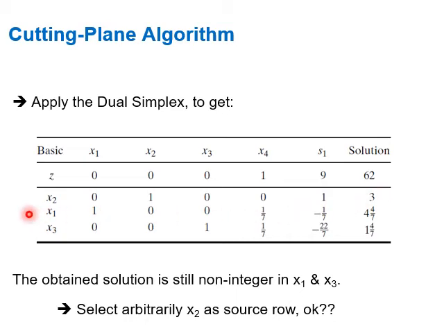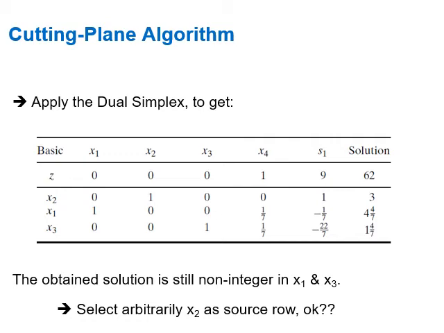Let's write a cut corresponding to this row. But if you look at this row, you will see that the coefficient of z, which is 1, is integer. Coefficient of x1 integer, x2 integer, x3, x4, s1, and the right hand side, all of them are integers. And what do you obtain as a cut here? Nothing.